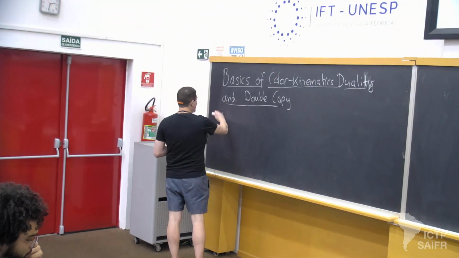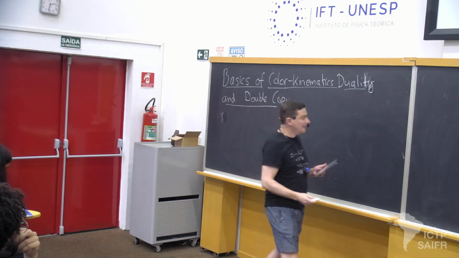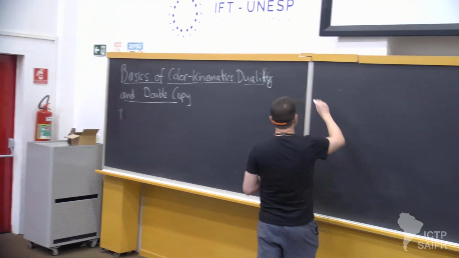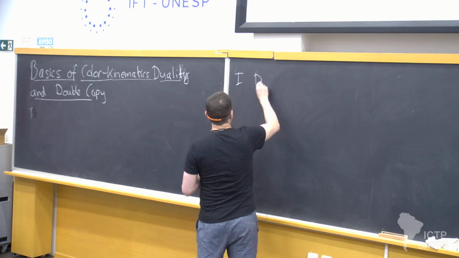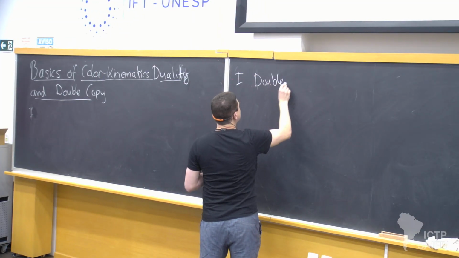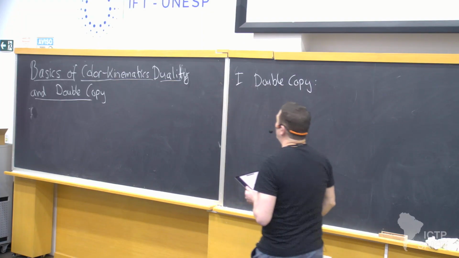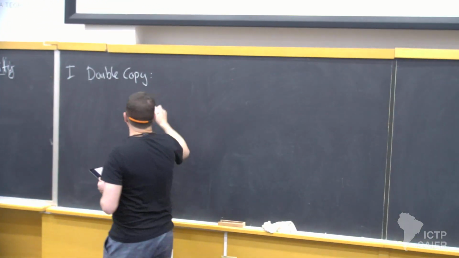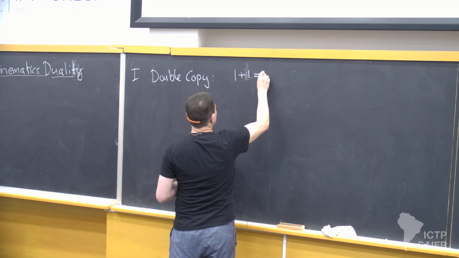Just say some brief things about, well, maybe I do it over here since I already used half of the blackboard. So let's talk about the double copy a little bit. So essentially, one way to think of double copy is that it's just a statement that 1 plus 1 is equal to 2.